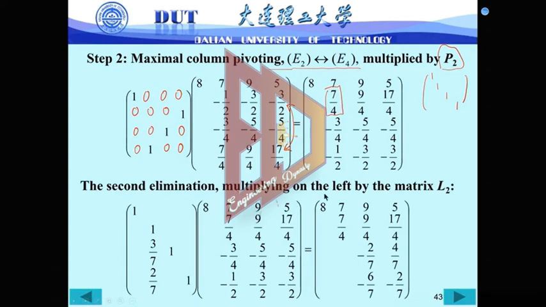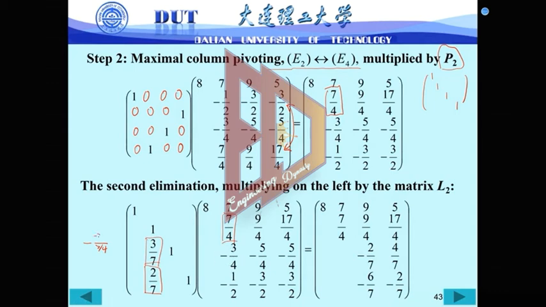We need to multiply by matrix L2, a lower triangular matrix with 1s on its diagonal. You only need to know we have two multipliers. How do we obtain them? They are minus ratios. We use the new pivot, 7 over 4, to eliminate this number, so 7 over 4 is the denominator and this number is the numerator.